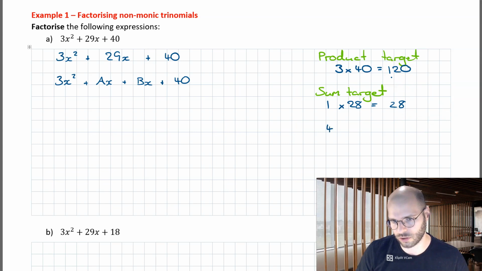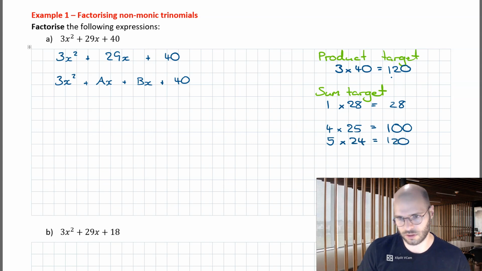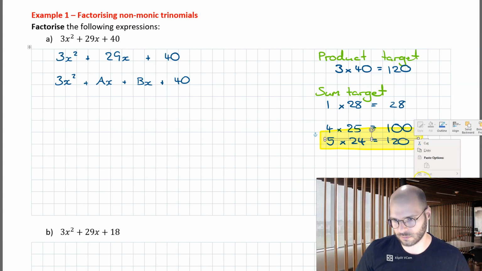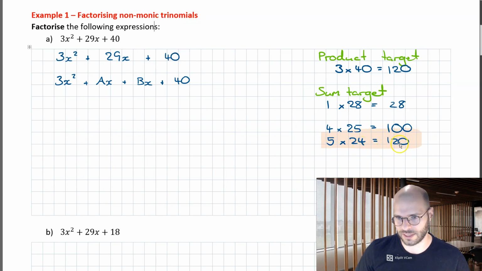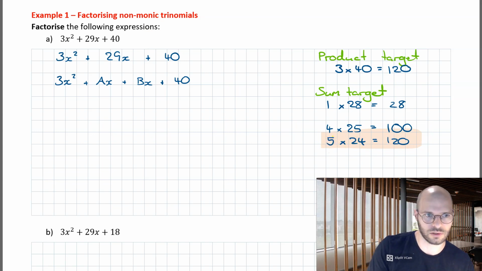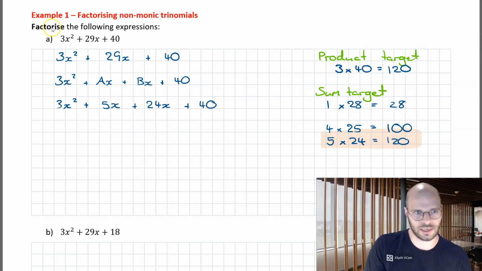So we'll go 4 by 25, which will give us 100. And then we'll go 5 by 24, which is what we're after, 120. So therefore, because we've found our product target, we know that our two numbers for a and b are 5 and 24. Putting these in, we're now ready to start the factorization process.